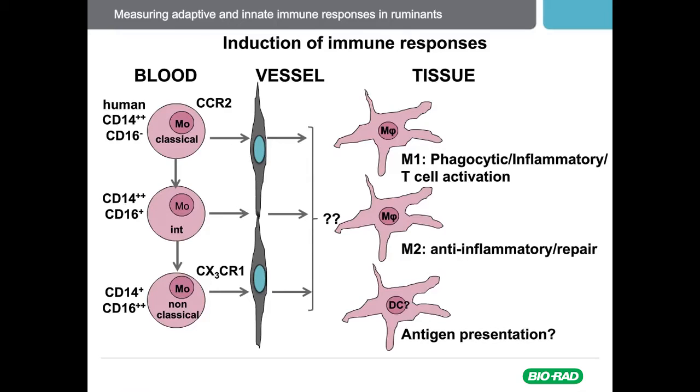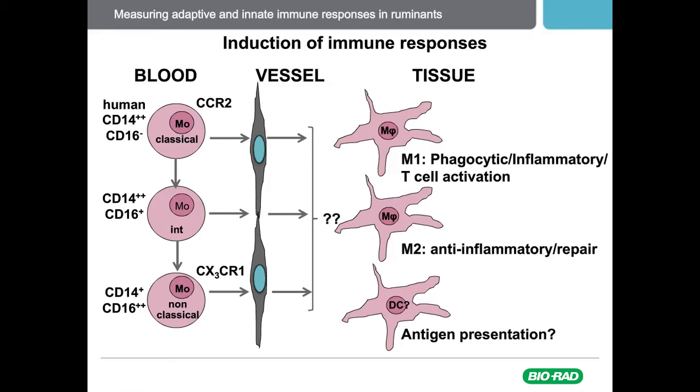Again, based on what we know from other species and how these cells are important for immune function, looking at monocytes in the blood, we have the classical population, which tend to be CD14 high expressors, CD16 negative, and express the chemokine receptor CCR2. We have the intermediate population, which is CD14 positive, but CD16 positive low.